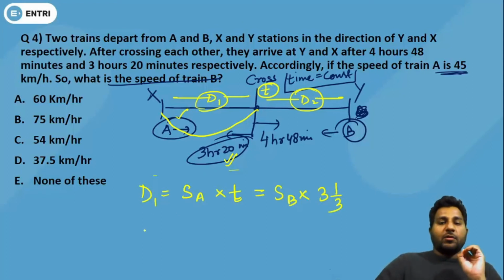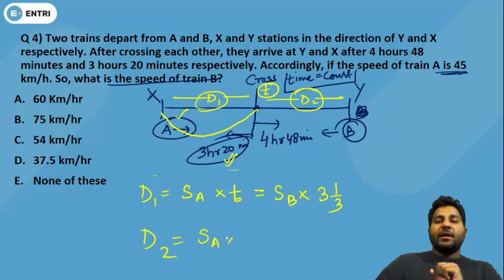Now the second condition is d2. This d2 will be traveled by train A with speed A into 4 hours 48 minutes, that is 4 whole 4 by 5, and the same distance will be traveled by train B with speed B in t hours.